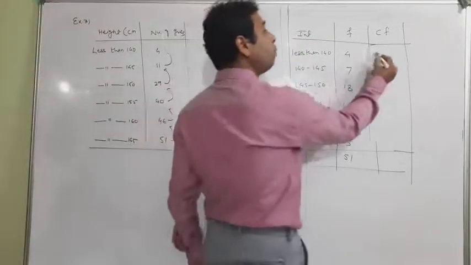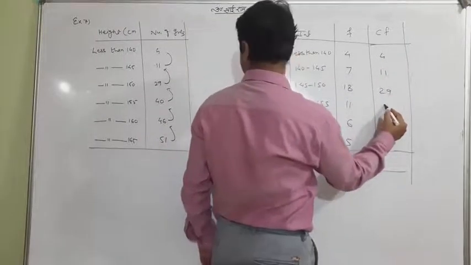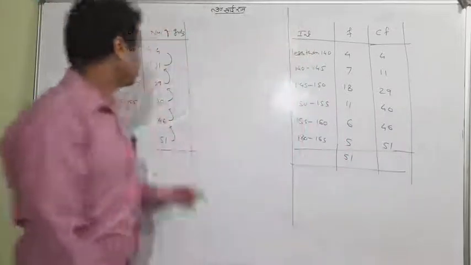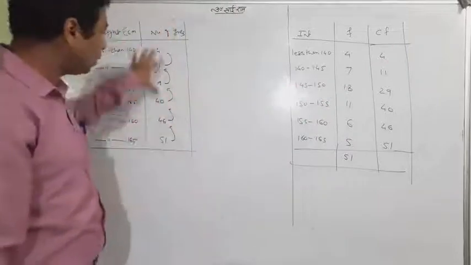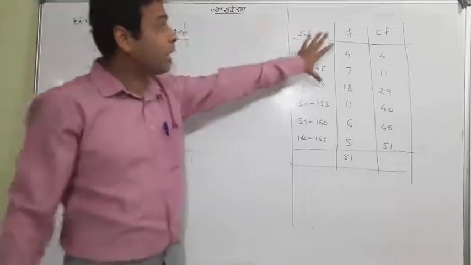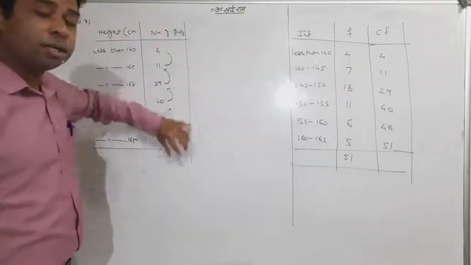Can you see? 4 and 7, 11, and then 29, and then 40, and 46, and 51. What do you think? This data is none other than the CF. Initially it was not in our mind, but after creating this data, you see that it is the CF.